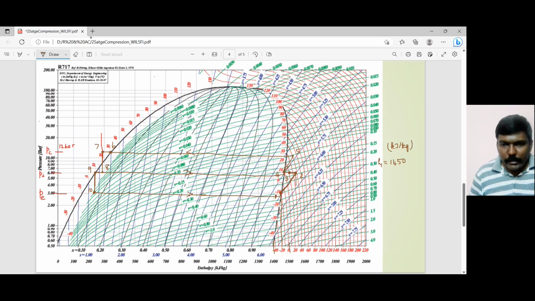Point number 2 is a bit closer to 1600, so let me say it is 1560. And H3 is on the 1500 line. So H3 is 1500 kilojoule per kilogram. And H4 is a little bit away from H1. So let's say 1470.